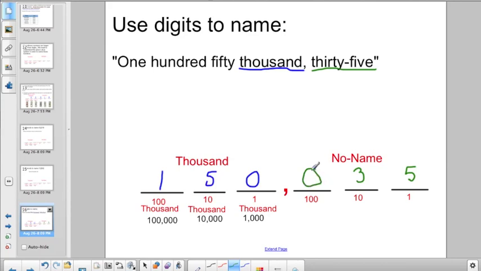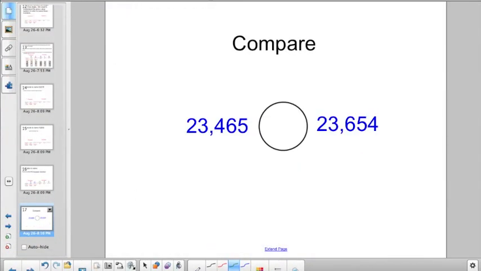You have 0 hundreds, right? 150, comma, 035. 150,035. Again, if these confuse you, I highly recommend just writing yourself out 6 lines until you feel a little more confident in it. And place value is sometimes easier for some kids than others.